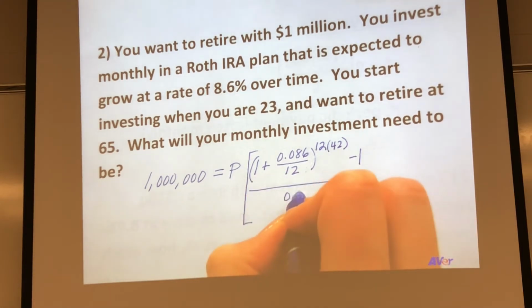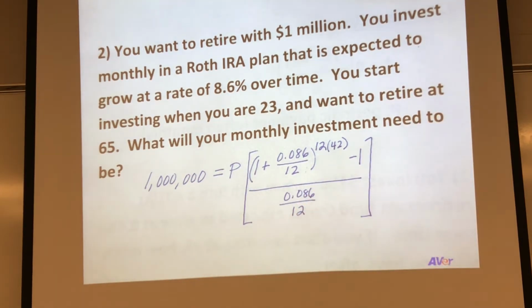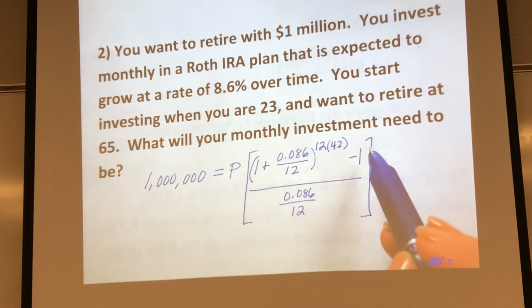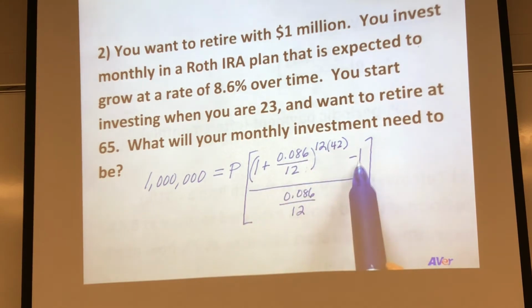Again, in our denominator, we have the rate divided by the number of times compounded. So we can find the value for all of this in here. You have to be really careful in your calculator. Add this first, take it to this exponent, then subtract 1, hit enter before you divide by this denominator, and put this denominator in parentheses when you divide it.